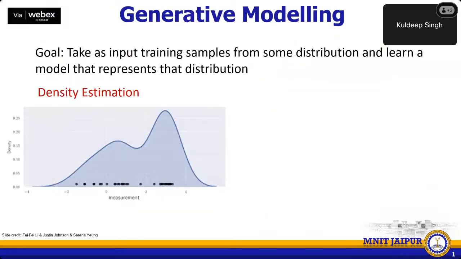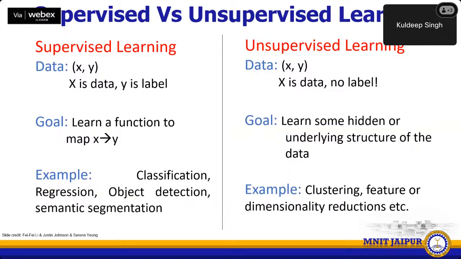Fine. Now, why are we more concerned? Why are we talking so much about unsupervised machine learning? What could be the reason? So this question is for the audience. Please tell me why we are focused on unsupervised learning here. Why are we putting so much emphasis on unsupervised machine learning? You can write your answers in the chat box.